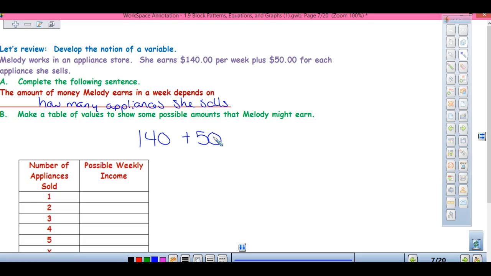Nope, so 50x. Yep. So her pay would be 140 plus 50x. So if she sells one appliance, how much money is she going to make? 190. Yep, she's making her $140 plus an extra $50 for that appliance.